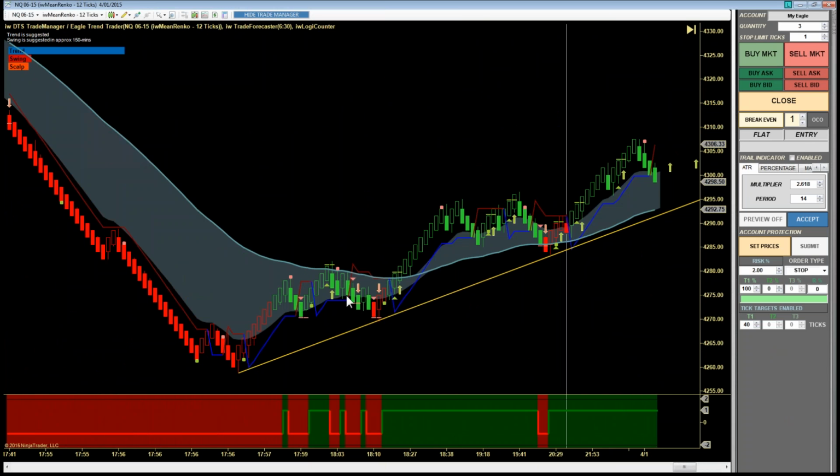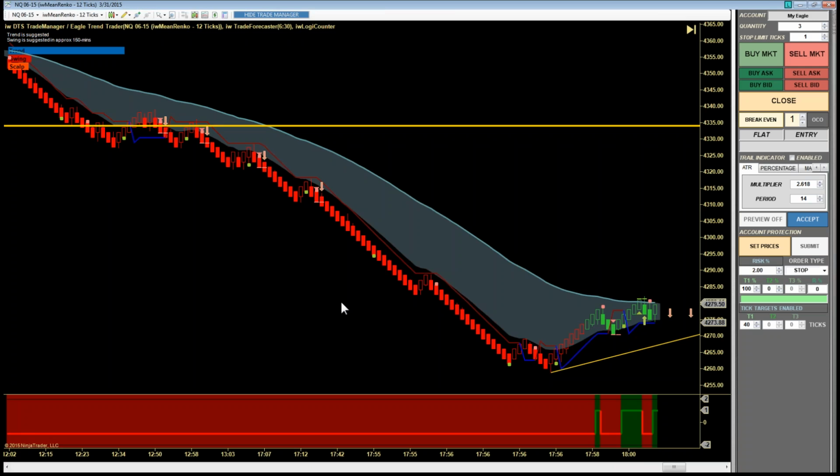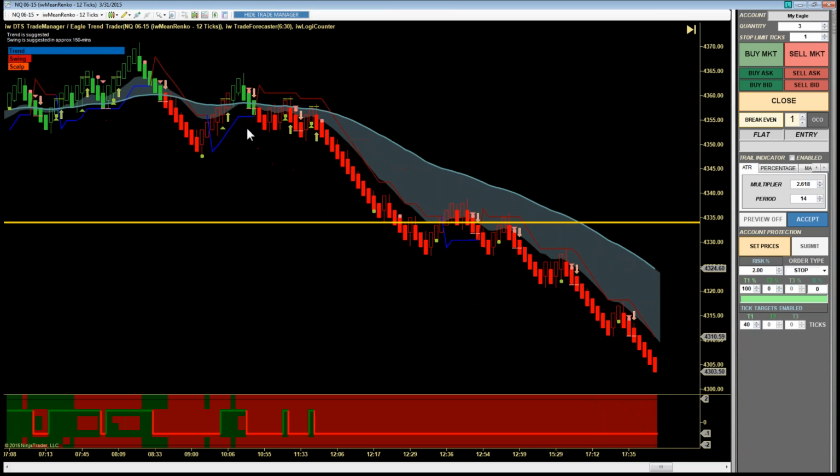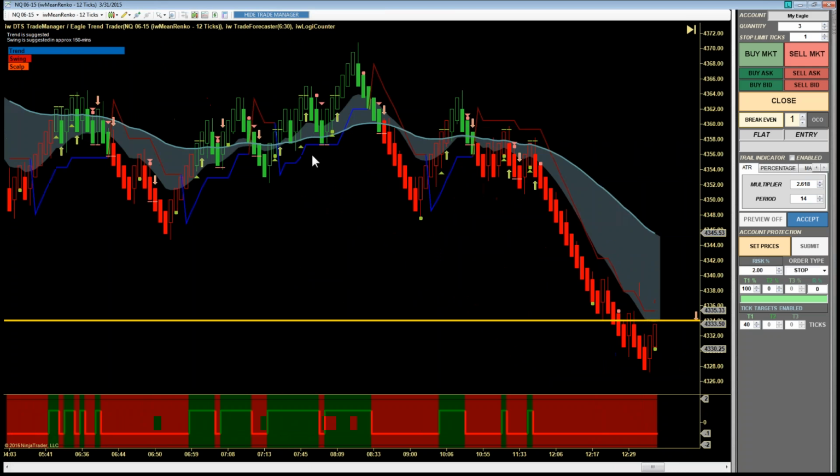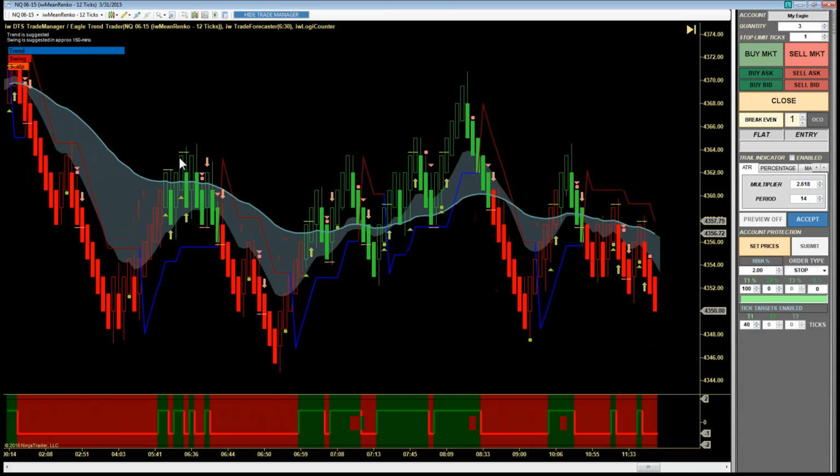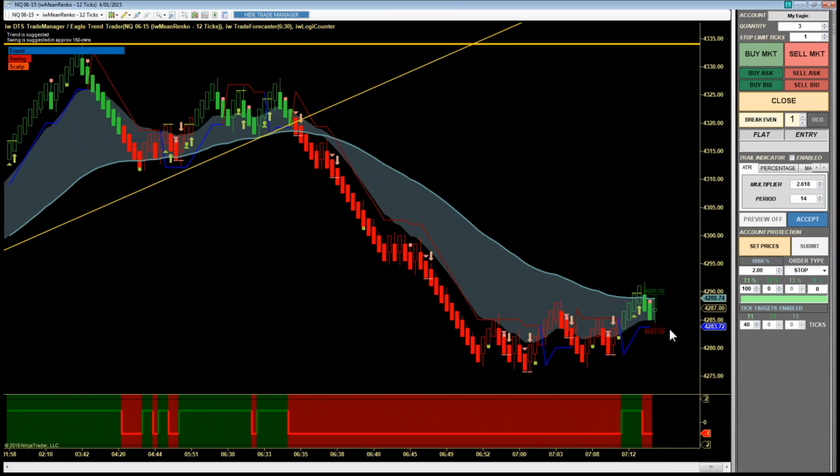Here it hit the hard edge, a little bit of a move lower. Hit the hard edge, big move lower, right? Hit the hard edge, it starts bouncing all over the place. Hits the hard edge, comes down. So here we are once again into the hard edge, and we're anticipating a little bit of a reaction here.